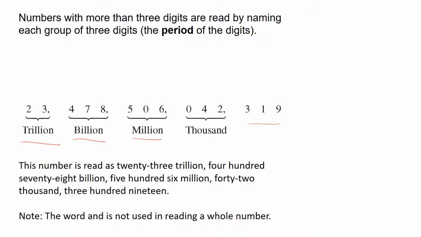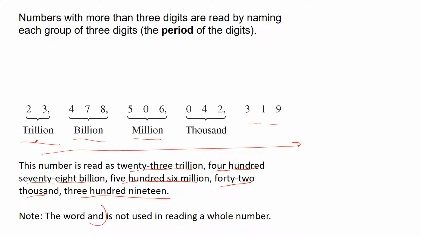So when you read the number, you read what the 3-digit number would be and its period name. And you read that as you go through the whole number. So this is 23 trillion, 478 billion, 506 million, 42,319.